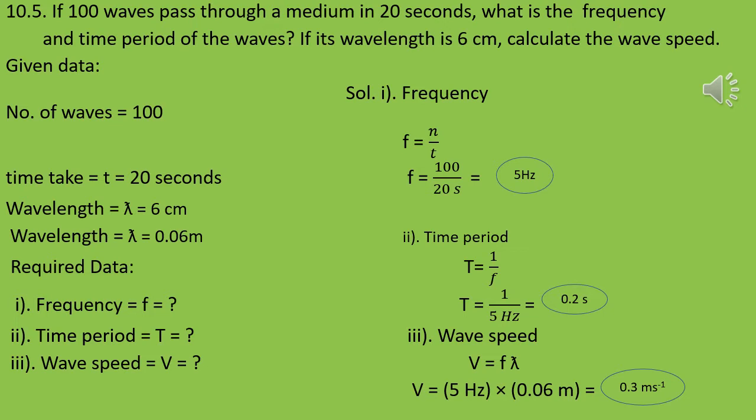By putting the values, we get T = 1 divided by 5 Hz, or T = 0.2 seconds. 3. Wave speed. Formula: v = fλ. By putting the values, we get v = 5 Hz into 0.06 meter, or v = 0.3 meter per second.